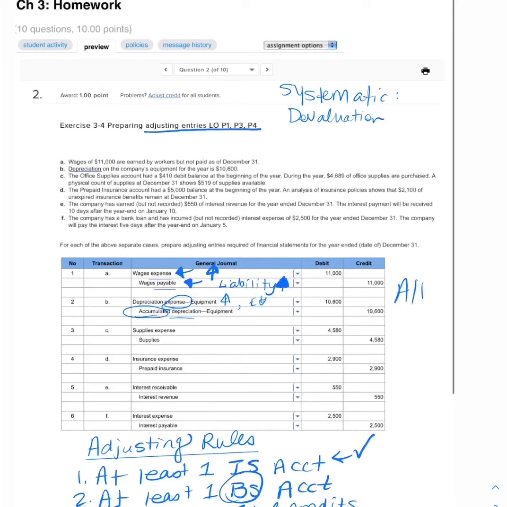So accumulated depreciation is what we call a contra asset. What this means is that it will pair with the related asset on the balance sheet. So you have your balance sheet, you will have assets, you will have equipment, then you will have accumulated depreciation dash equipment, which will work to reduce the value of that overall equipment account.